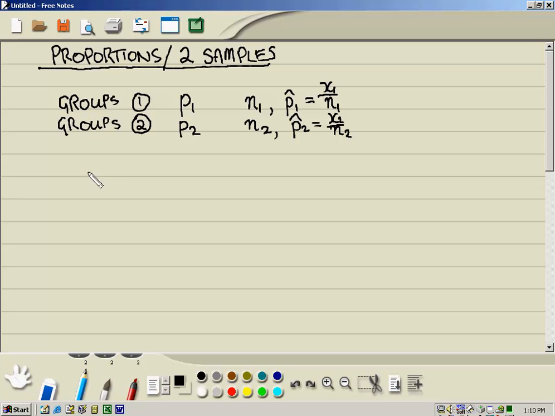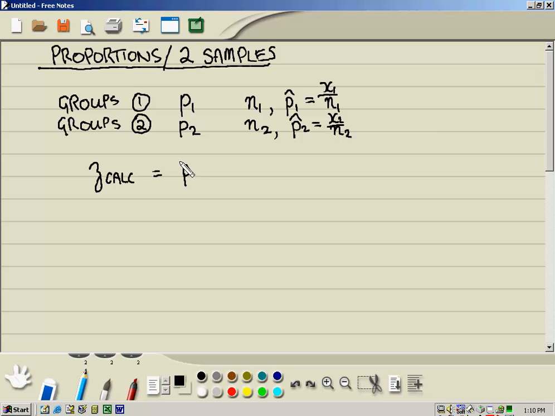The formulas that we'll use here, let's first look at z-calc. Remember that all the z-tests that we will do will be large sample tests, because the small sample tests are so difficult.